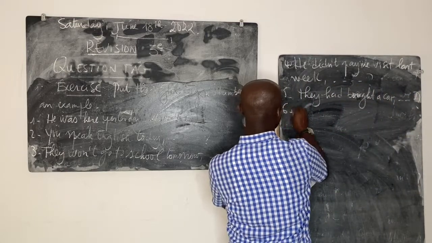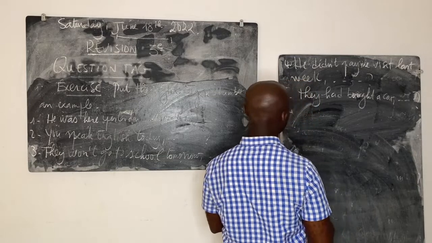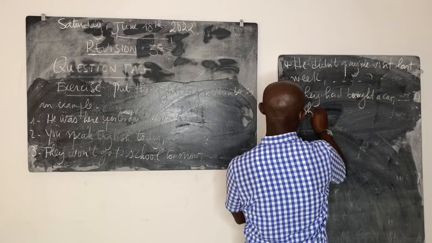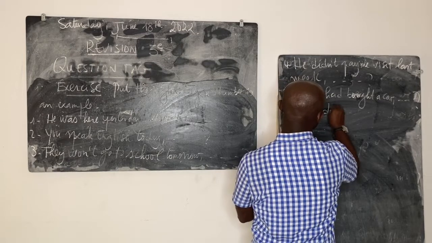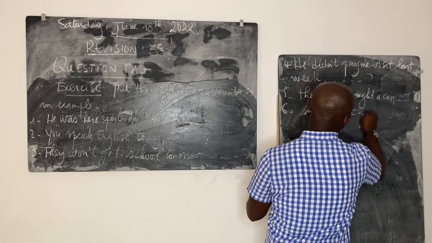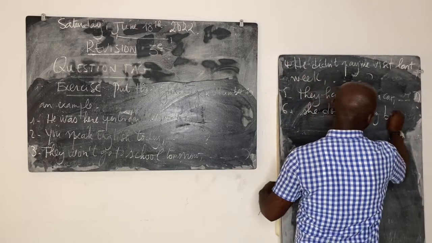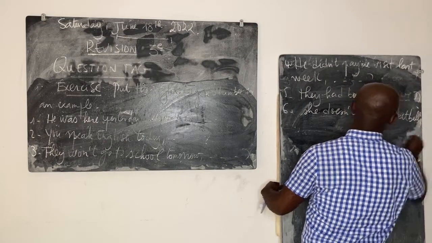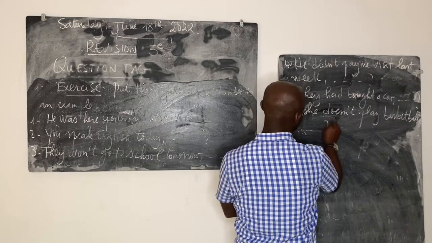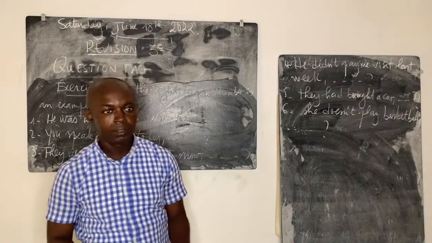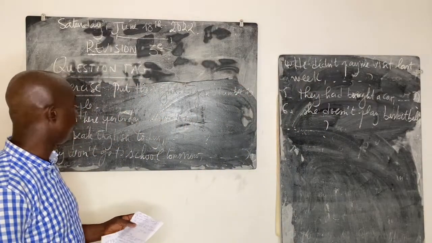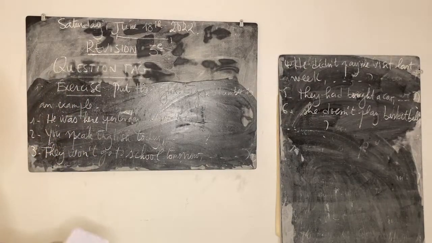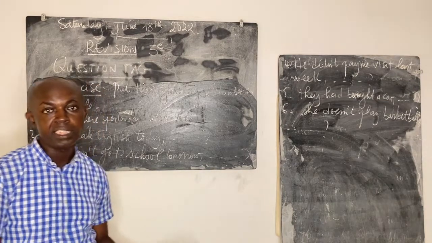And the last one, 6. She doesn't play basketball. Okay, this is the exercise for you. So you have 10 minutes at least to deal with this exercise.